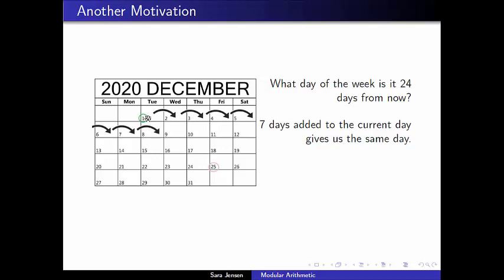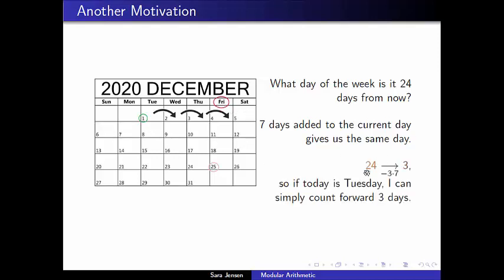So in that sense, completing a cycle of 7 days is a negligible thing, and we can take this value of 24 and subtract off some multiple of 7 days, in this case 3 multiples of 7 days. In taking away those 21 days from the 24 days, that's really negligible. And the number of days left over at that point would be 3 days.